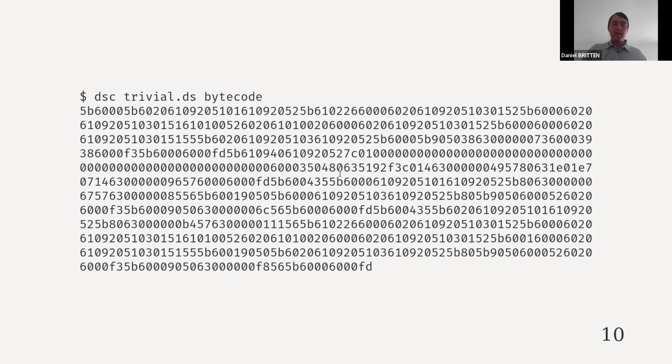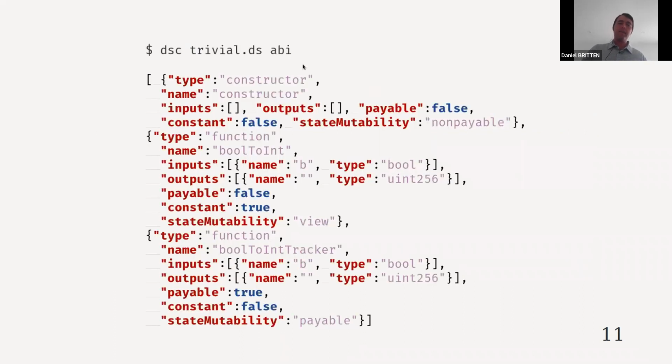And this is their ABI, the application binary interface. We can see that we've got 3 functions. We have bool2int, which we defined, bool2int tracker, which we also defined, and we also have constructor, which is used when the contract is deployed onto the blockchain.